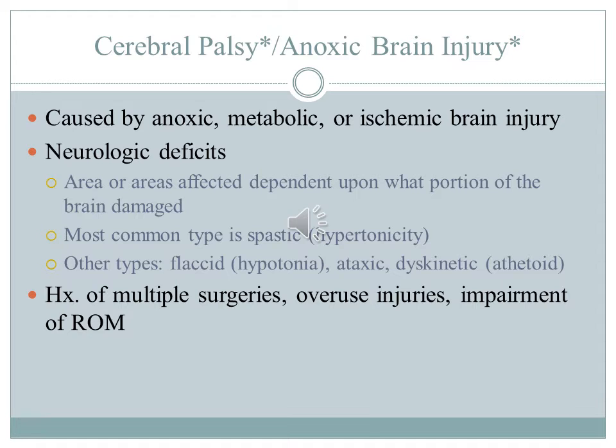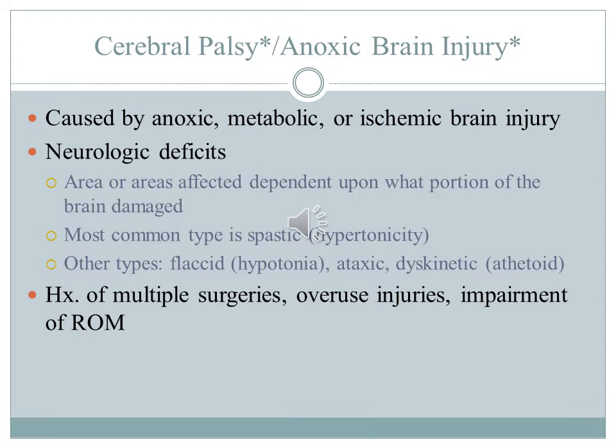You have the ataxic, which involves a lot of coordination problems with voluntary movement. Then you have the dyskinetic, or what they also call the athetoid. So athetoid movement is a type of movement that's characterized by very slow, irregular movements that are involuntary. So it's another defect in voluntary movement.